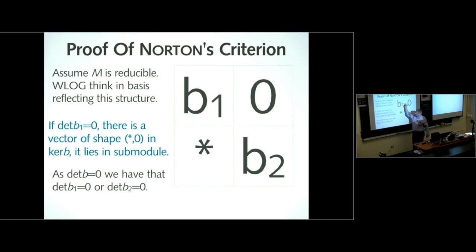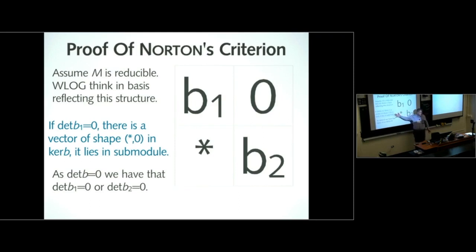If I take a vector which lies in the null space of B1 and I pad that vector with zeros to make it the right length, this new padded vector will lie in the null space of the matrix B. So I have found a vector which lies in the null space of this matrix B, but this vector has the form that it's padded by zeros, that is, it is just in the span of the first few basis vectors. And the span of the first few basis vectors, that is the submodule.